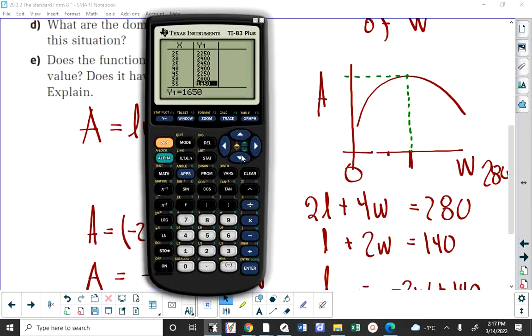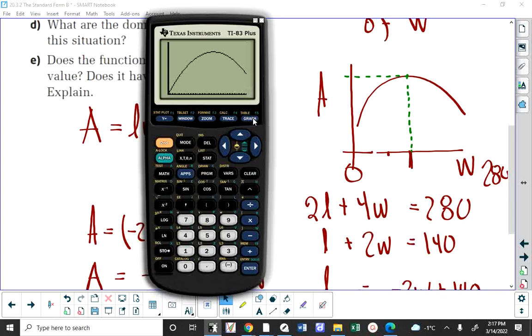And some of you might suspect it is 2450, because it's right in the middle of those two 2400s. But I can now go to my window setting and say I'm going to go up to 3 grand. That will include 2450. And now, McKenna, when we graph it, there's a nice looking parabola.